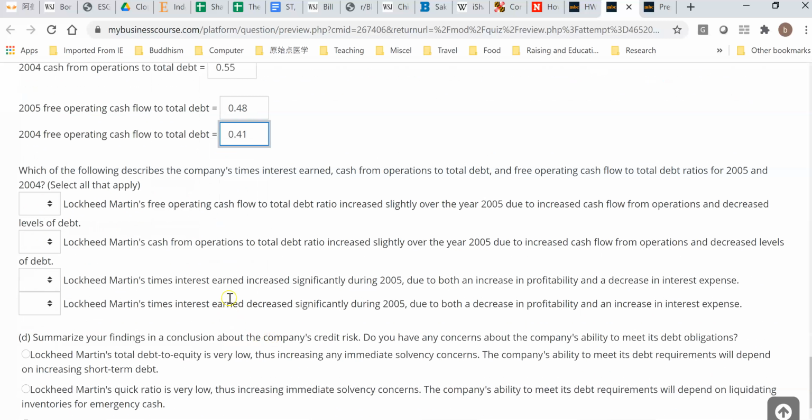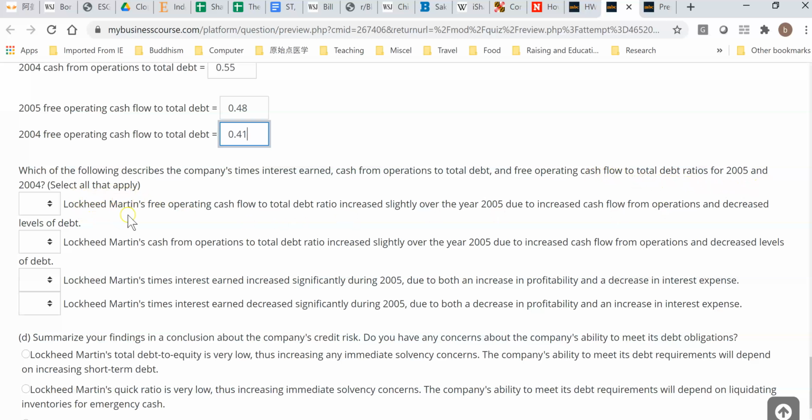In this case, it's not that simple. I would need to read each of these. Which of the following describes the company's times interest earned, cash from operations to total debt, and free operating cash flow to total debt ratios for 2005 and 2004? Select all that apply.